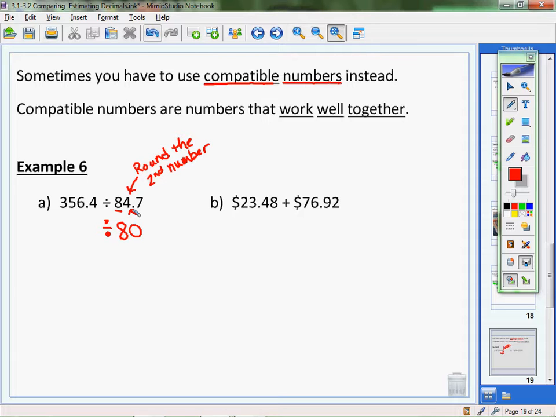So we're going to do something divided by 80. We need to figure out what that something is. So we look at what we have. We have an 8, and then we look at what we have in the first number. 8 does not fit into 3, and it doesn't fit into 35, but there is a number very close to 35 that works well with 8. Can you think of what it is?